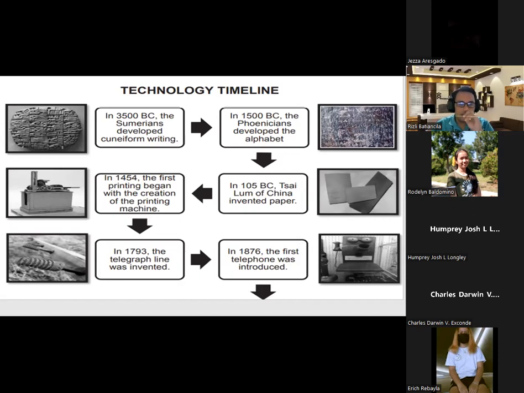So after the paper was invented, in 1454, the first printing began with the creation of the printing machine. Okay? So nagkaroon tayo ng printing machine in 1454. Nag-umpisa tayong mag-create ng printing machine, the first printing natin. So after 1454, maraming date ito. Okay, baka lumabas sa exam. After 1454, punta tayong 1793.